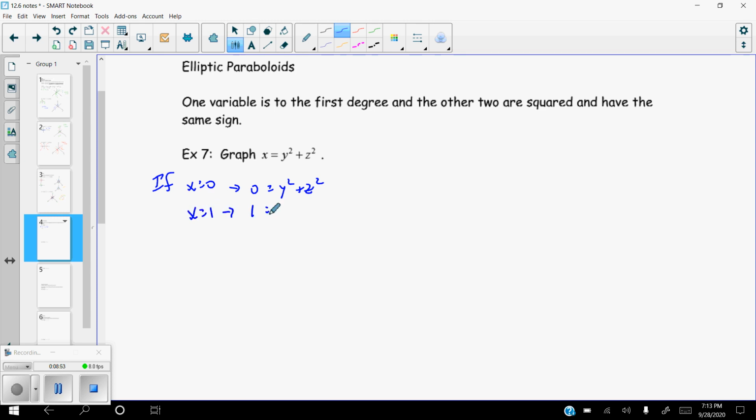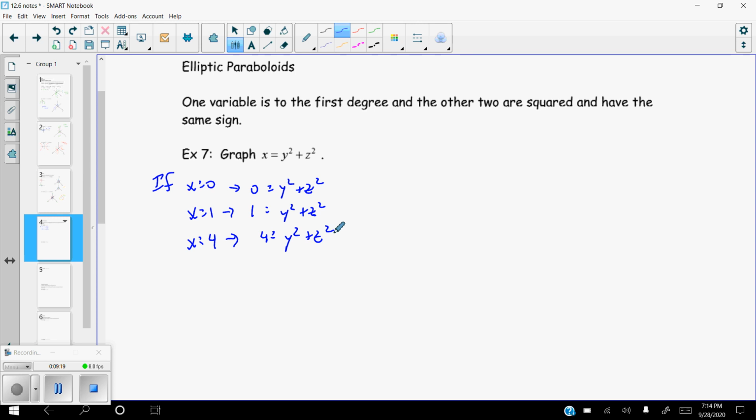Then we get 1 equals y squared plus z squared. Now we get a circle of radius 1 sitting on the yz plane. Let's go to x equals 4, only because it's going to be easier to deal with than root 2 and root 3. So we get 4 equals y squared plus z squared. So now we get a circle of radius 2, and so on.